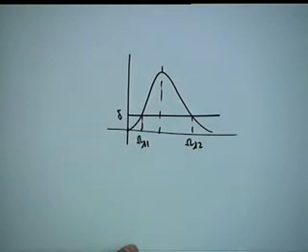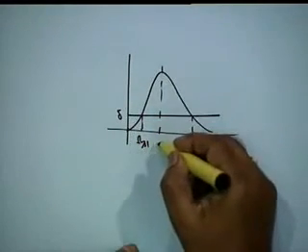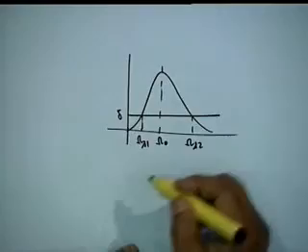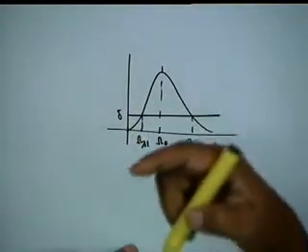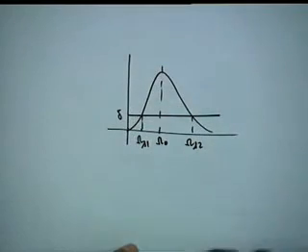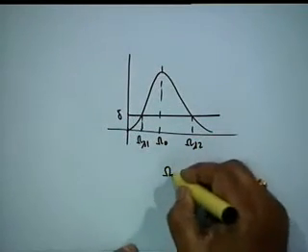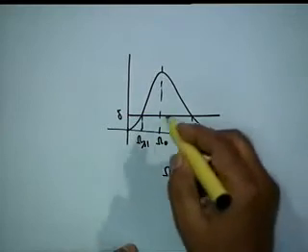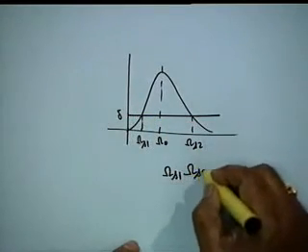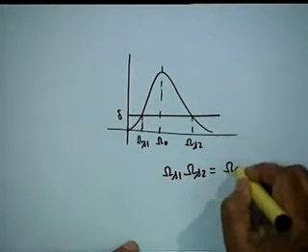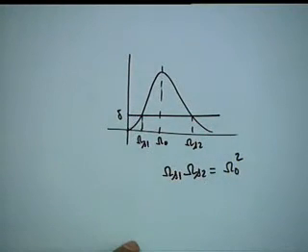These are also geometrically symmetrical with respect to the center frequency. That is, any level, it does not matter what level it is, 3 dB or 1 dB cutoff or 5 dB, this is arbitrary, and any two frequencies on two sides at which the transmission is the same will be geometrically symmetrical. That would be equal to omega naught squared.